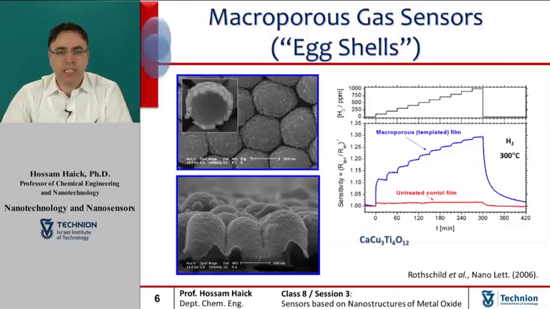This dramatic enhancement in sensitivity is attributed to the increased surface area and the decreased interfacial area introduced by the microsphere template. Please note that the inner surface of the metal oxide hemisphere is also exposed to the gas phase through the burst holes produced during the calcination step.